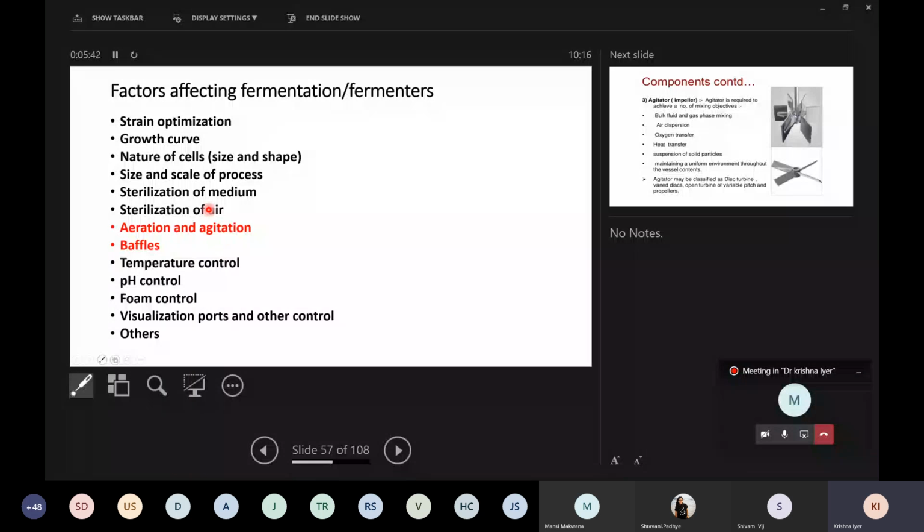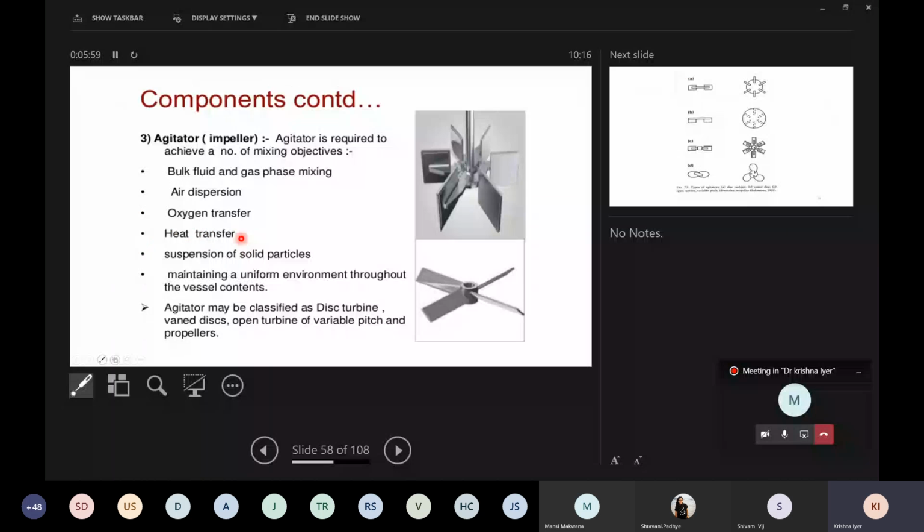There are different types of agitators, or what are called mixers, that are available, and what you use depends on how efficiently you want the mixing to occur. Now the idea of using this agitator is, one, to make sure the gas phase and the fluid mix, so that air will dissolve in the medium, and only when air dissolves in the medium does the medium contain air which can be taken up by the organism.